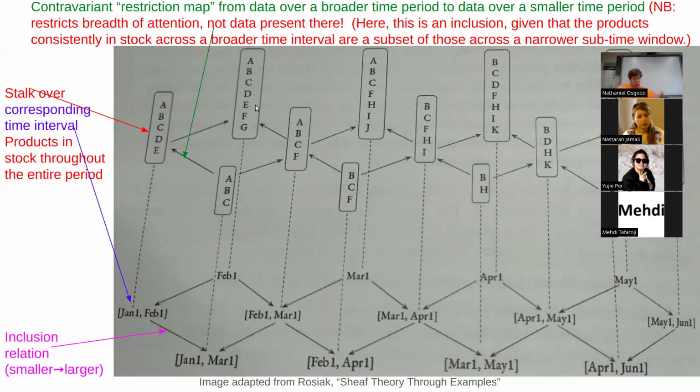It just, from the logical structure of the situation, if it's a product continuously in inventory from February 1st to March 1st, it must be the case that it's in inventory on February 1st itself, right? Similarly, if you had H here, it wouldn't make sense because it's positing something that's impossible, that it was continuously in stock here, but not here, etc.